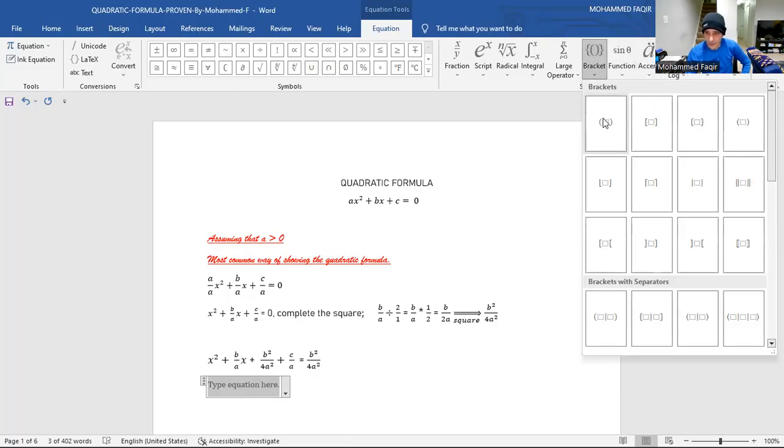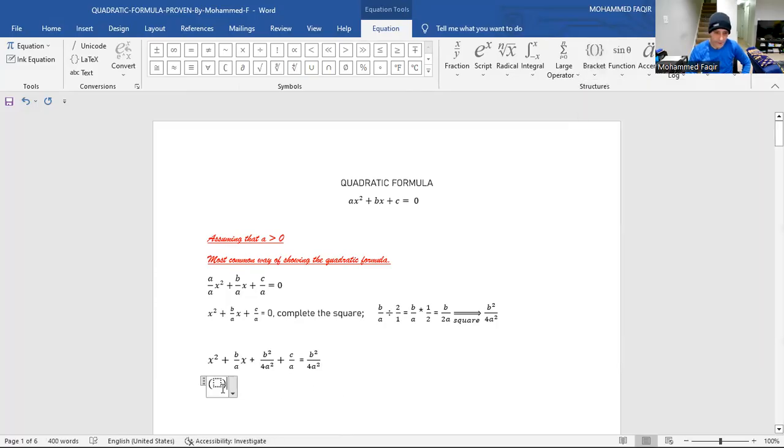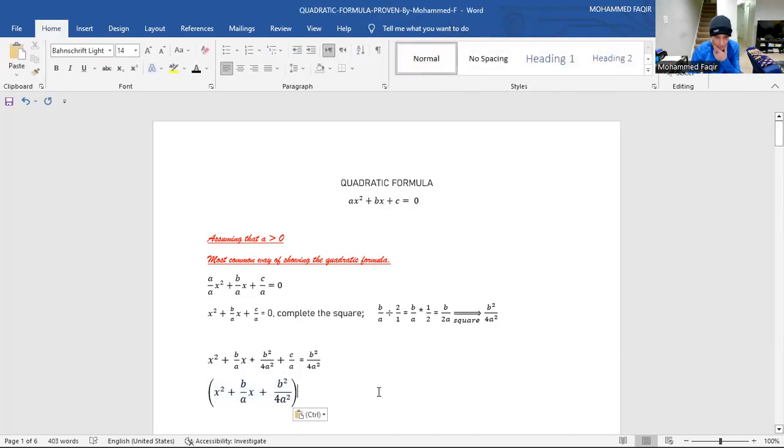Bracket and all that. I'm gonna put that parenthesis here. I'm gonna bring this stuff into here. So I'm gonna take all this, guys, and put it there. That's what I wanted to do.